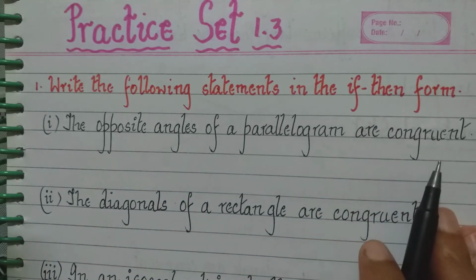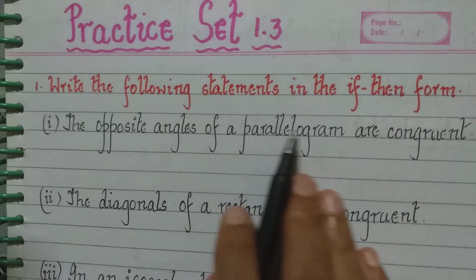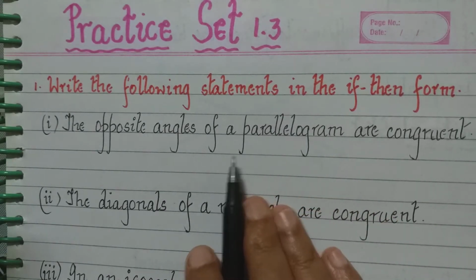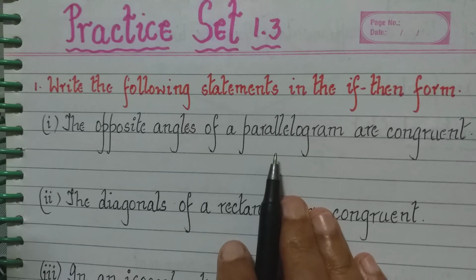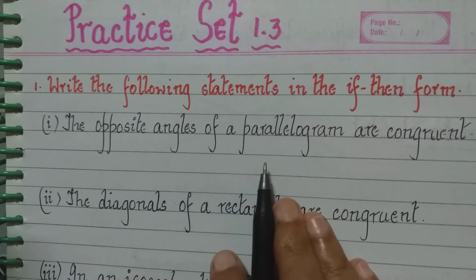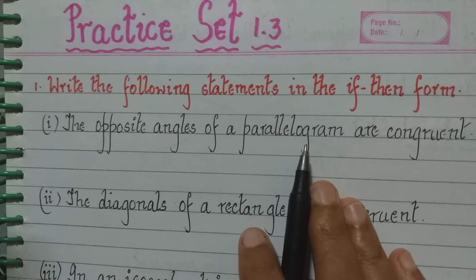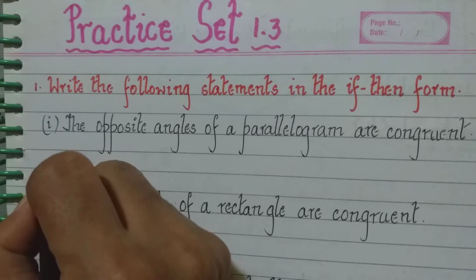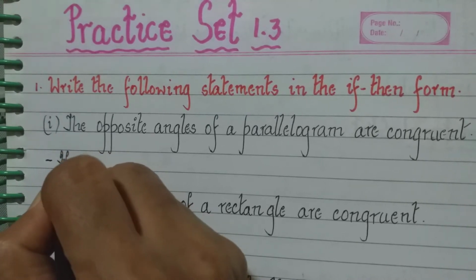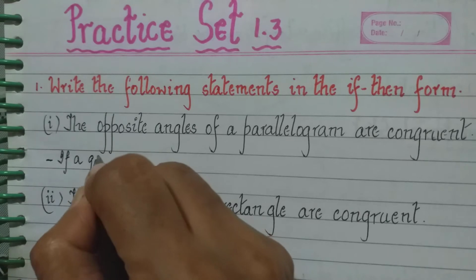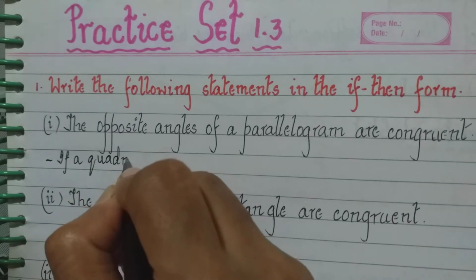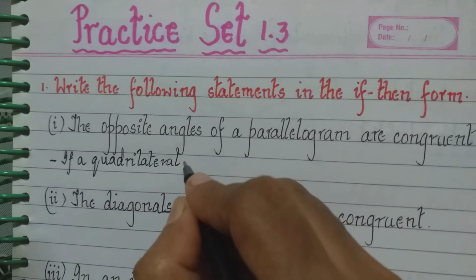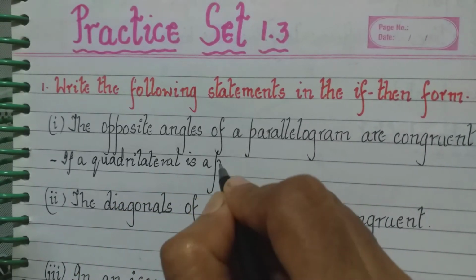The opposite angles of a parallelogram are congruent. So we are talking about a quadrilateral here, which is a parallelogram. So how do I convert it into a conditional statement? If a quadrilateral is a parallelogram.